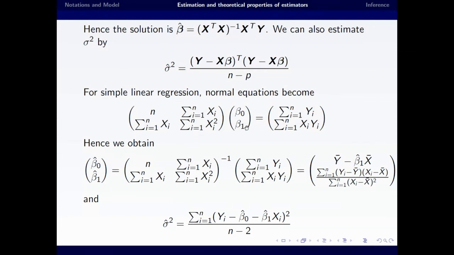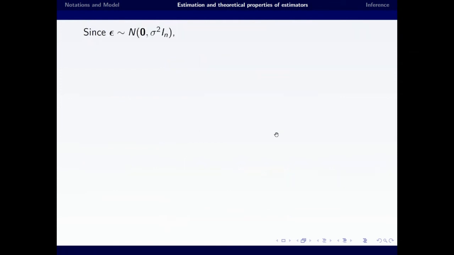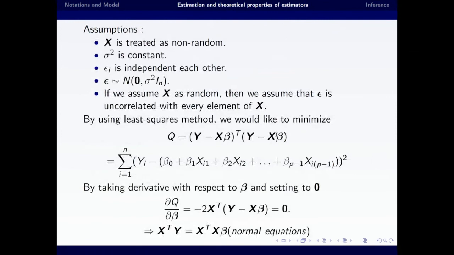And then our beta vector is 2 by 1. And here x transpose y is also 2 by 1, because in that case x transpose is 2 by p. Sorry, let me back up.